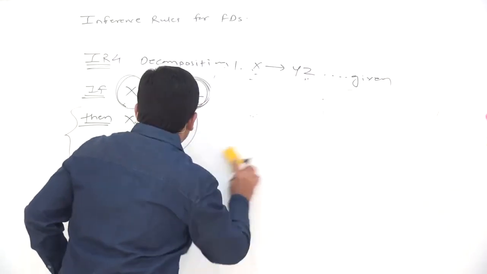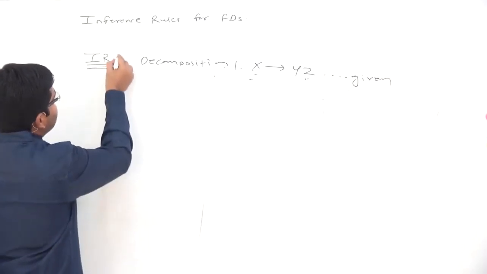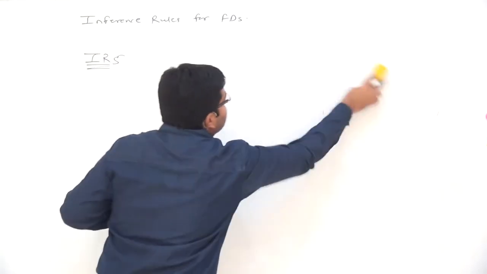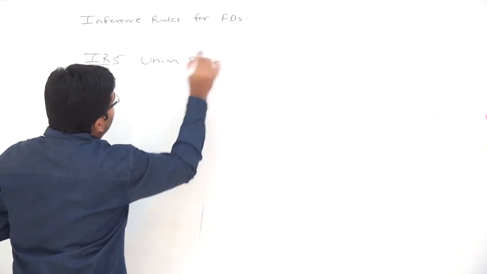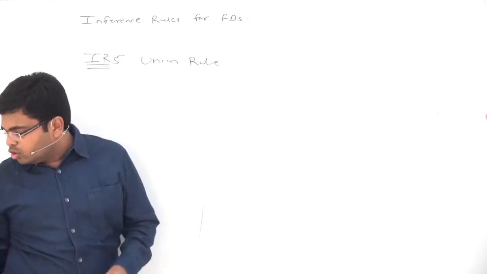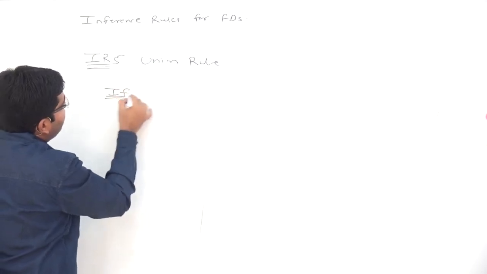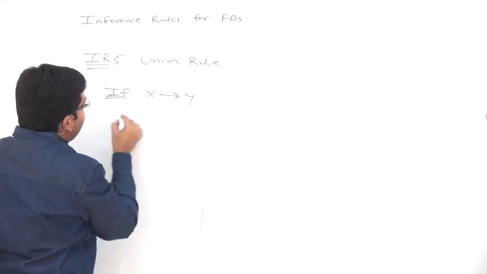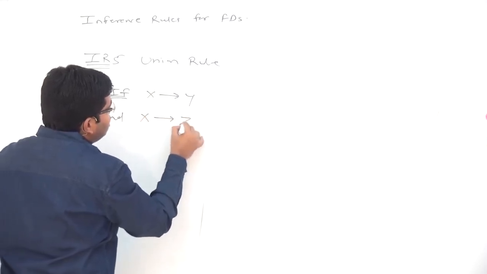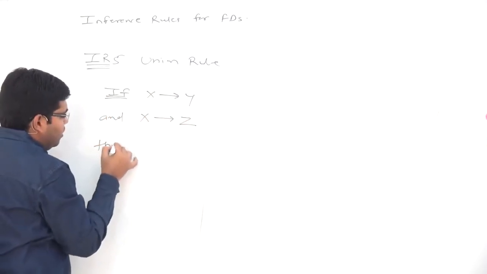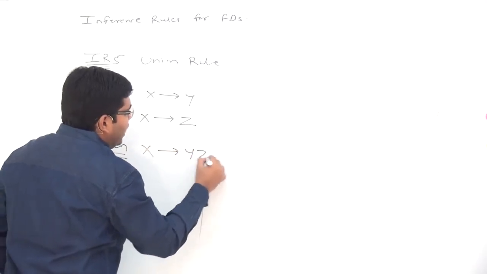Now, opposite is what is called the union rule. It is IR5. Union rule. And what is the meaning of union rule? If x gives y and x gives z, then you can infer that x gives yz.